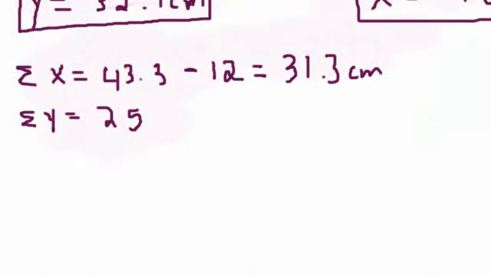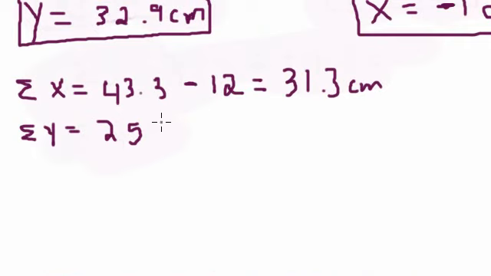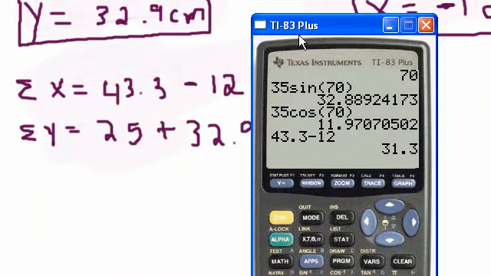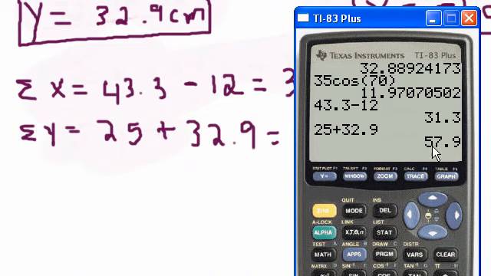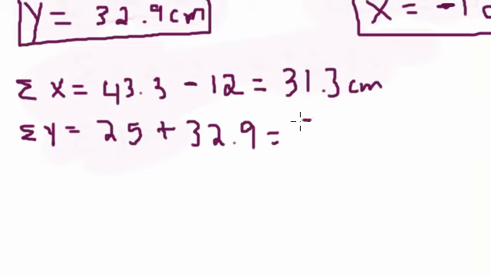Let's input on the calculator. 25 plus 32.9. You get 57.9 centimeters. So what we just did is we found the x and y components. And now that we found the x and y components, we can actually make a new graph with those values.